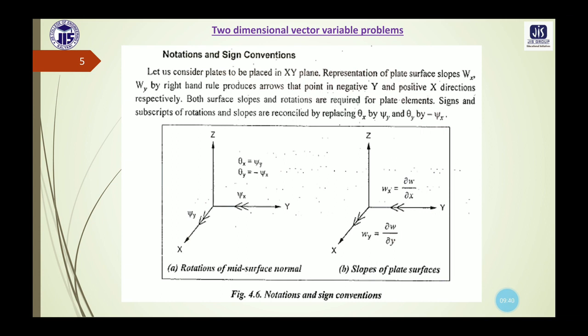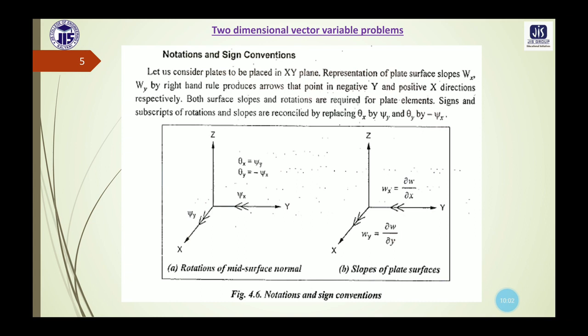Now we will discuss the notations and sign conventions that we use in plate theory. In figure 4.6, we can see the notations and sign conventions. Let us consider plates placed in the XY plane.